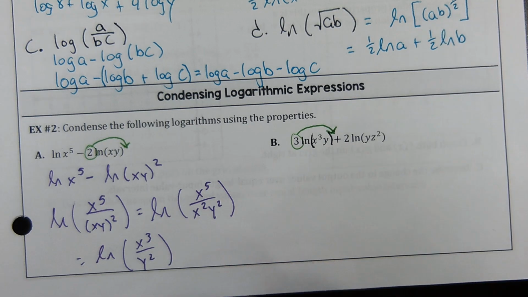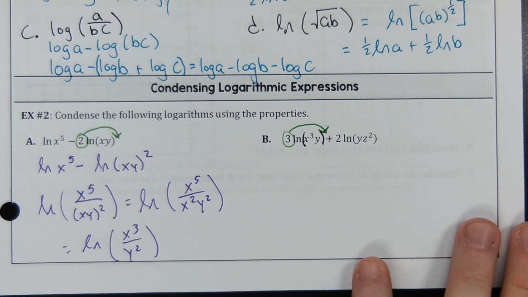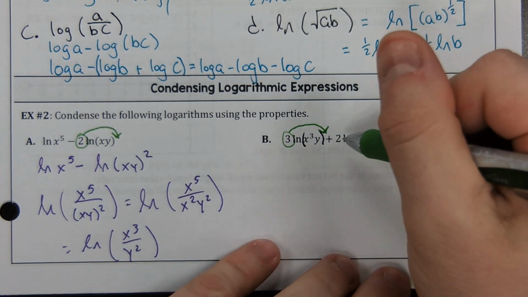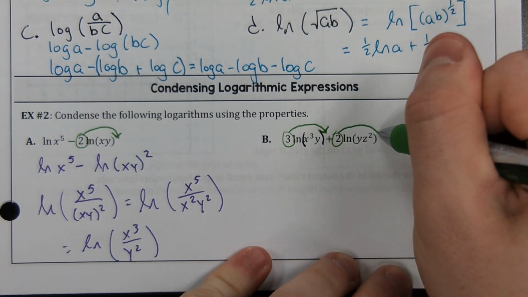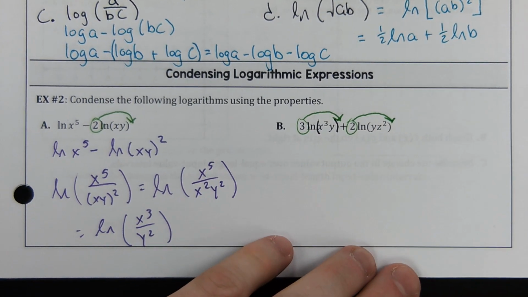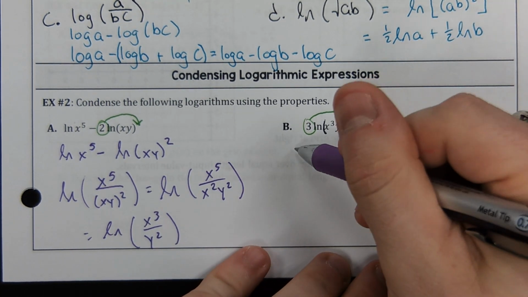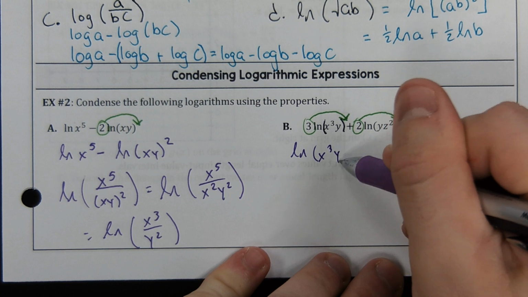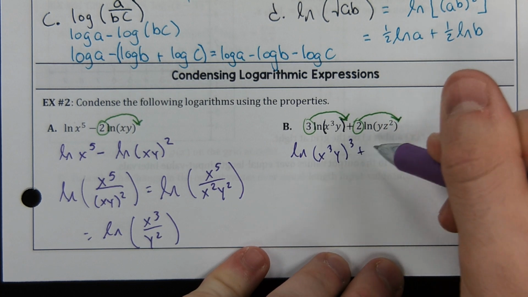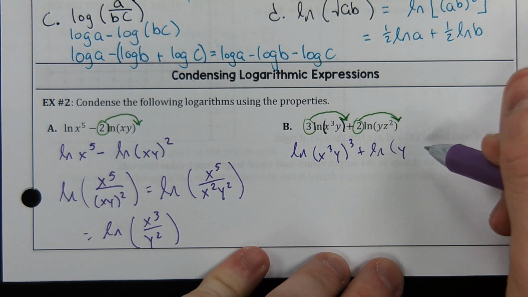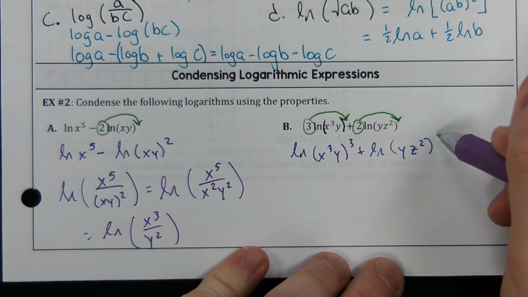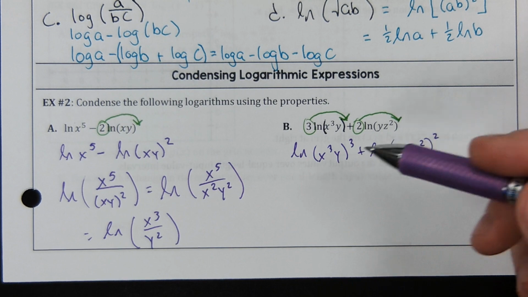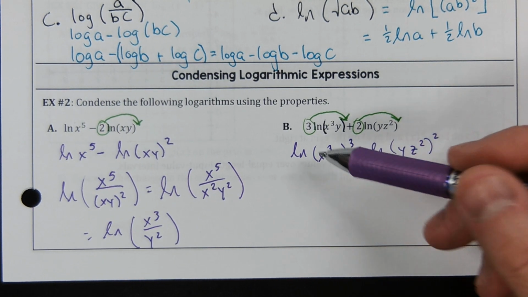That way we don't think it's just being on the y, that it's actually on the x cubed y. And we'll do the same thing with this 2. It's going to go here. What I would do at this point is I would apply the exponent to the argument.